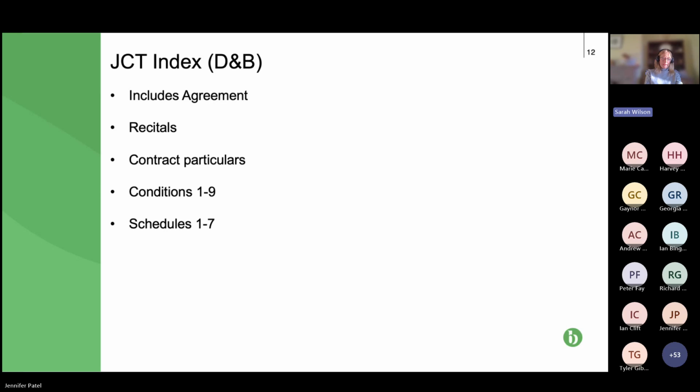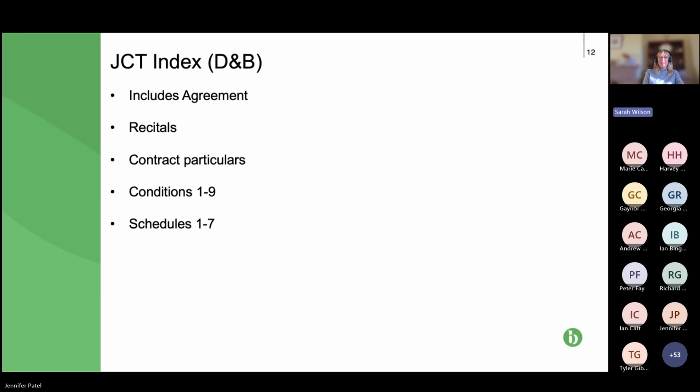Thanks. So the JCT, so this is the design and build 2024. It includes a form of agreement to be signed. It includes recitals, and you might think, well, what's that? And it shows that this is an old style contract, because the recitals just set out the factual scenario. So they recite what the high level issues are between the parties.